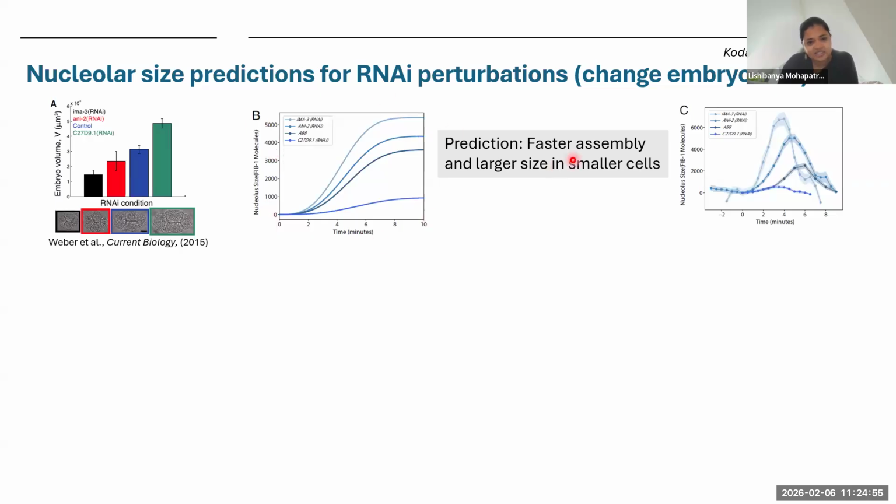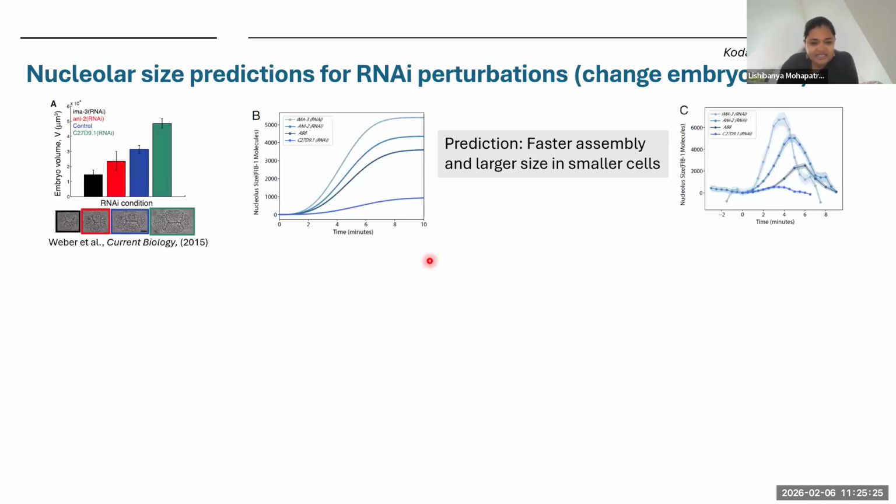We predicted that there would be faster nucleolar assembly, and the size of the nucleolus is going to be larger in smaller cells. So that's what you see over here. This is your control. These are the ones that are smaller than control, and they are showing larger sizes. And we also predicted that the size is going to be smaller in an embryo that is bigger in size. Now, we were able to see the same qualitative difference in the data as well, which was very encouraging.